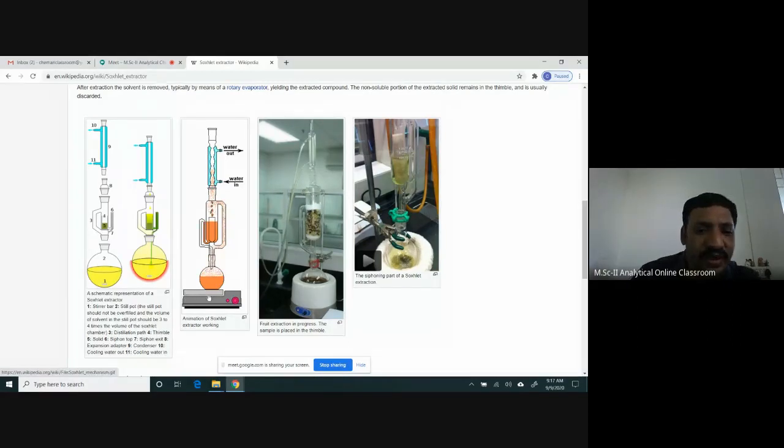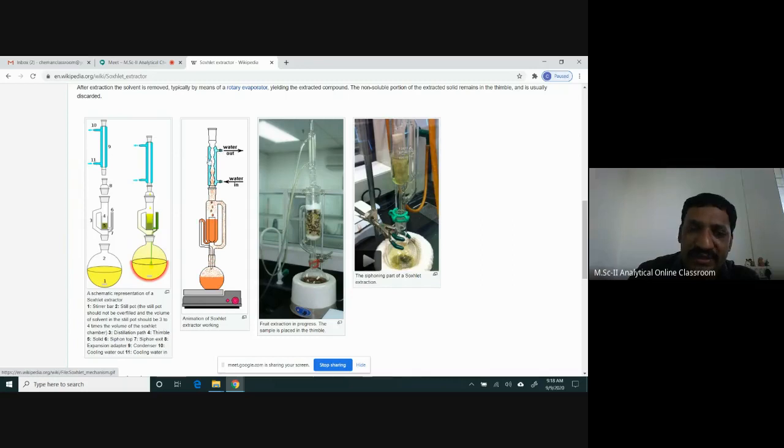Okay. So when you heat it, you know that a solvent has a corresponding boiling point. At this boiling point, the liquid or solvent is converted into vapors. Those vapors go to this water condenser.